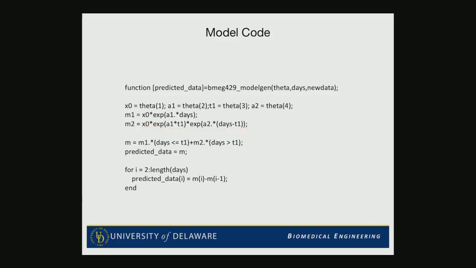And then we just put the two of them together, where the total measured comes from m1 when we're before t1, and it comes from m2 when we're after t1. So that basically just gives us exponential growth that then slows down to a slower exponential growth phase, but has the same number of infected people at the transition time.